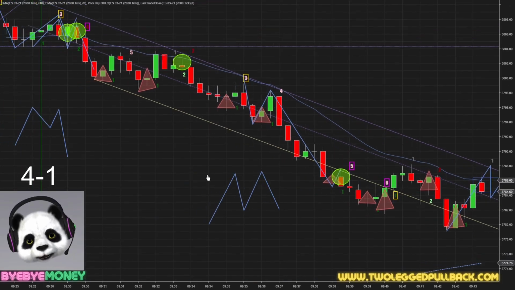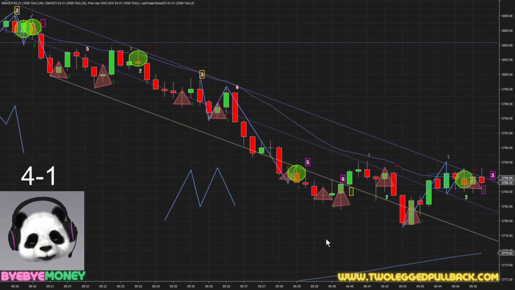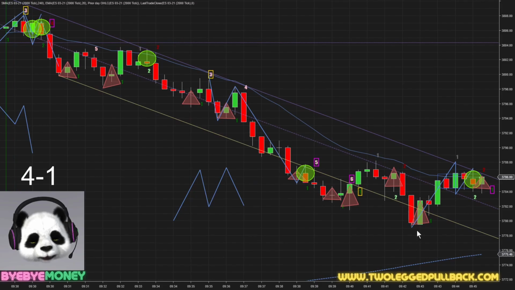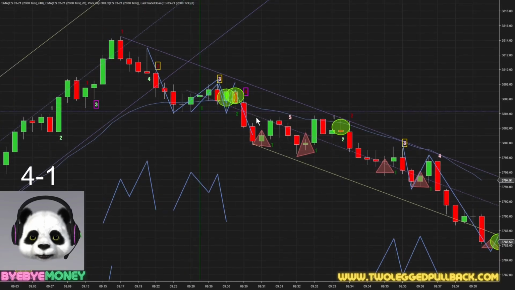Let's see here. What's the difference between this second entry trap, second entry and failed second entry long, failed second entry short and second entry long? What's the difference between this one and this one? Well, the main thing is this one comes after a break of trend.